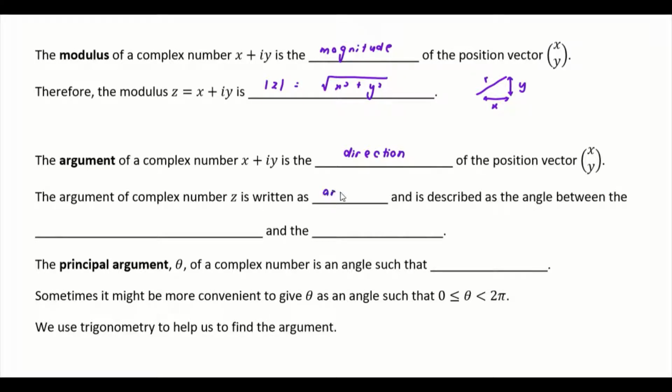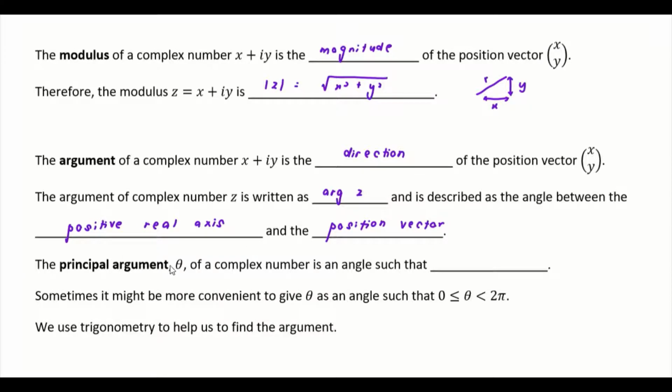It will be written as arg z, and it's described as the angle between the positive real axis and the position vector. Later we are going to look at 4 different scenarios so you can see what is meant by the angle between the positive real axis and the position vector.